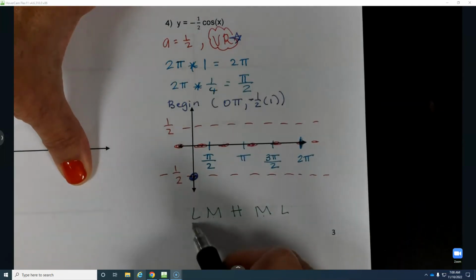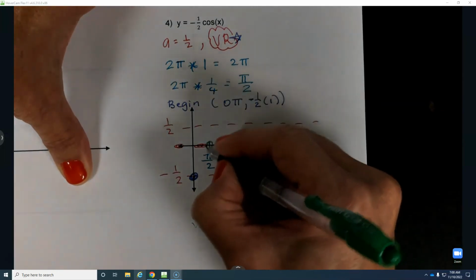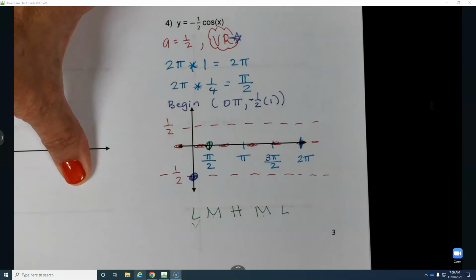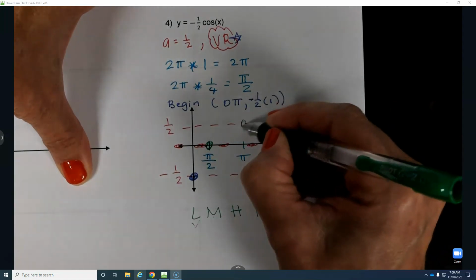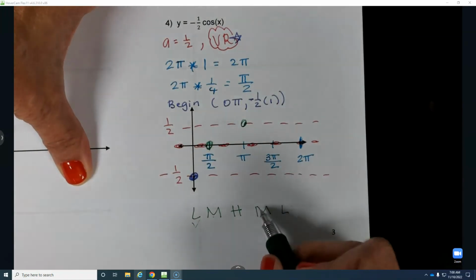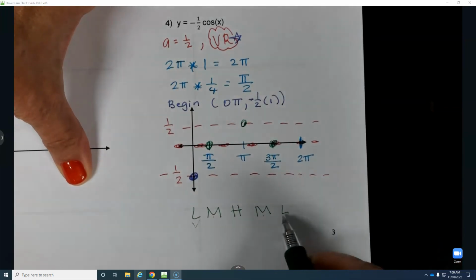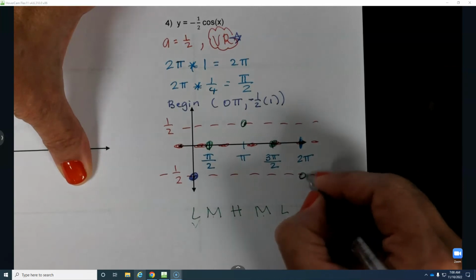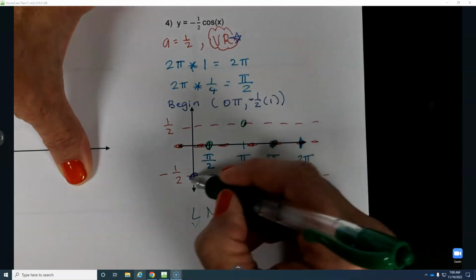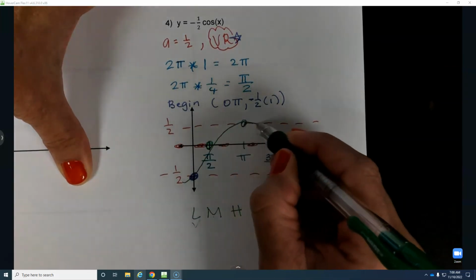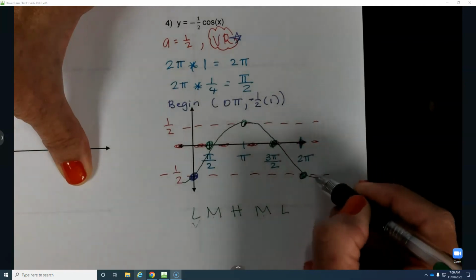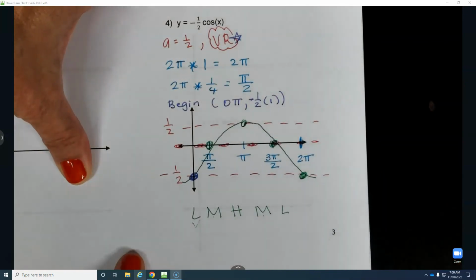So here's my low value. My mid value is going to be right on that pi over 2. My high value is going to be right above the pi symbol. My mid is going to be 3/2 pi right on the x-axis, and my low value, the end of my period, is right there at 2 pi. So that's going to be the shape of that graph, guys.